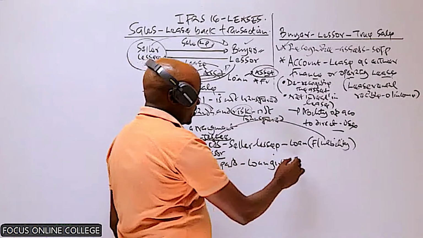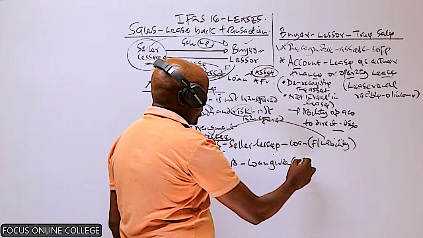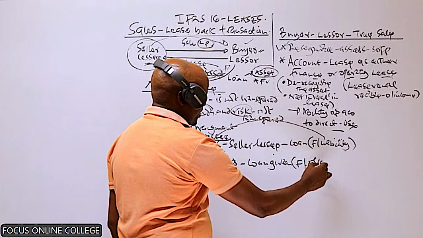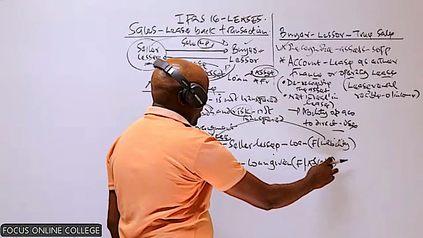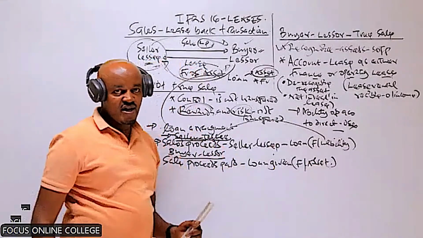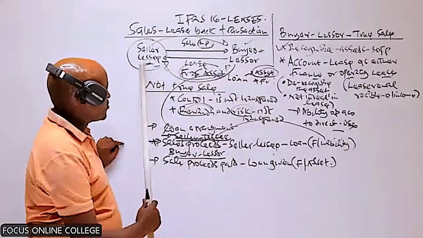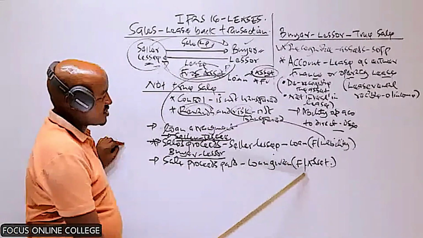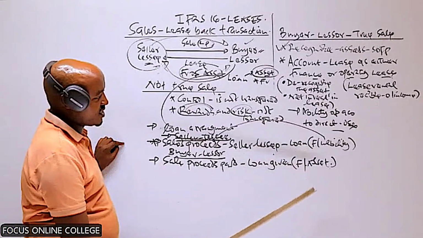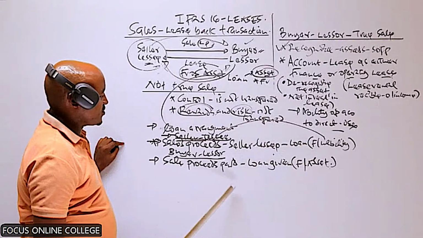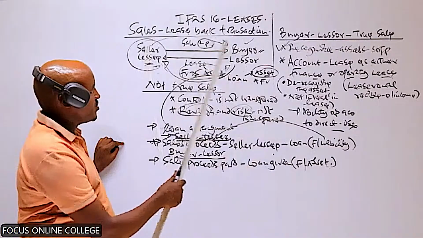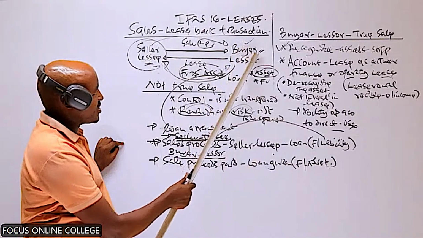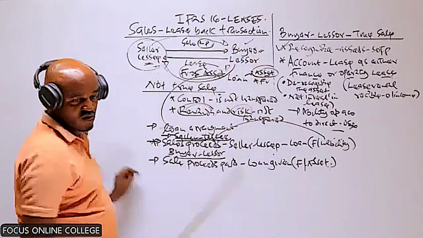A loan which is given should be accounted for as a financial asset. So this particular company has given a loan to this one. It will account for the loan given as a financial asset. This financial asset will be equivalent to the sales proceeds which were paid, which is like a loan this company has given to this one.